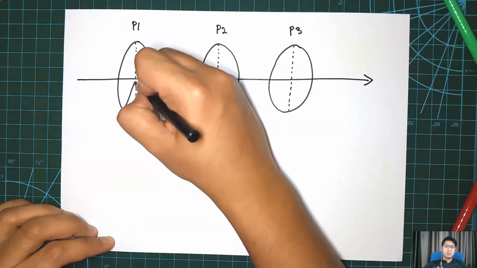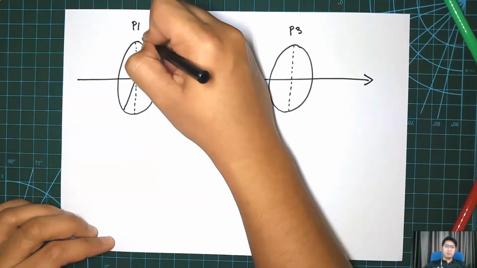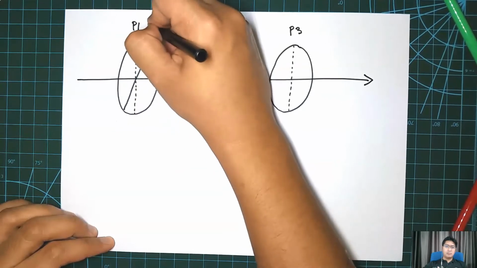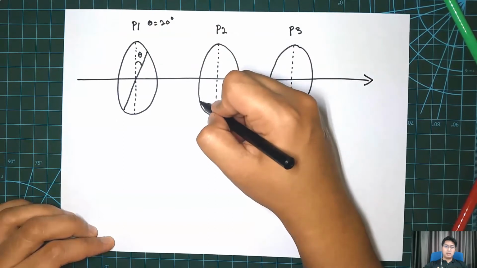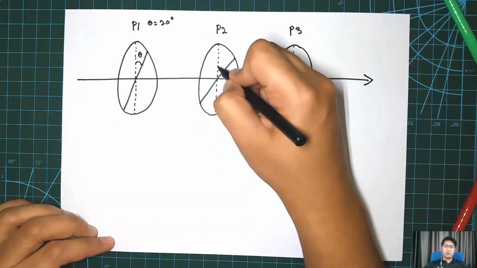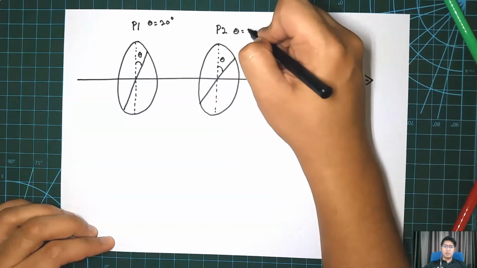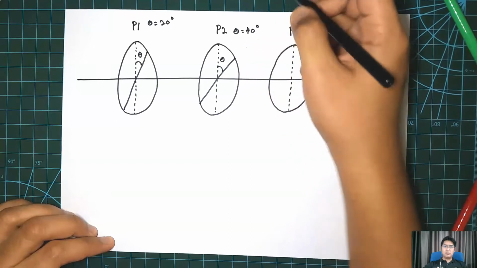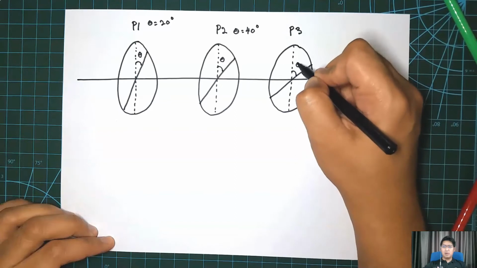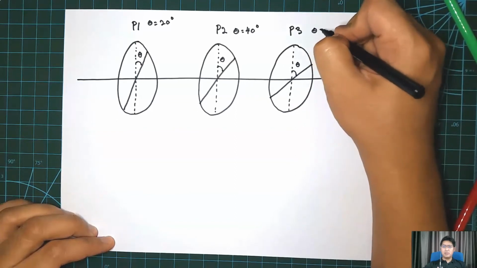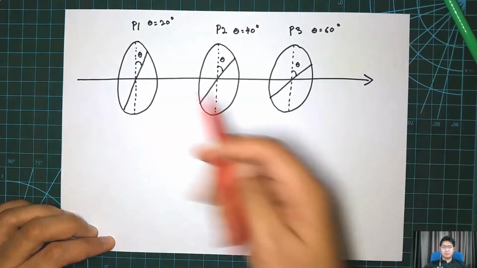Okay, this is the transmission axis, or the slit, for the polarizer. The transmission axis for the first polarizer is 20 degrees with respect to the vertical axis. For the second polarizer, it is 40 degrees with respect to the vertical axis, and the third polarizer is 60 degrees relative to the vertical axis.